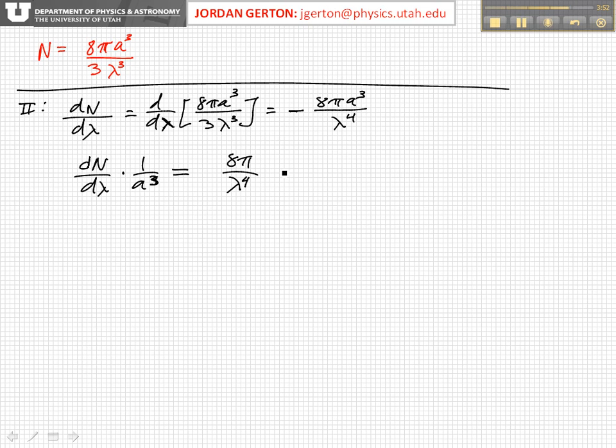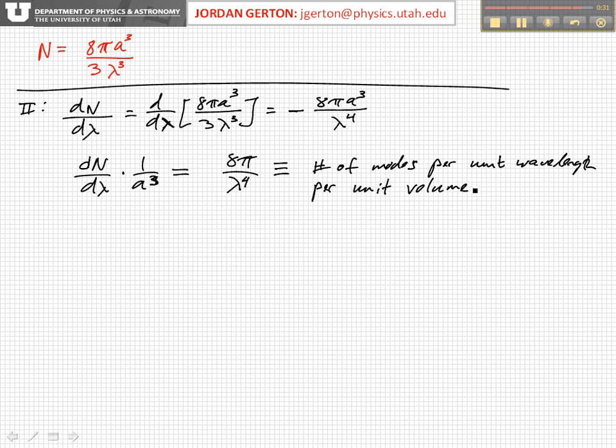Notice that the negative sign went away just because we're interested in the magnitude, and this again is basically the number of modes in the cavity per unit wavelength per unit volume.